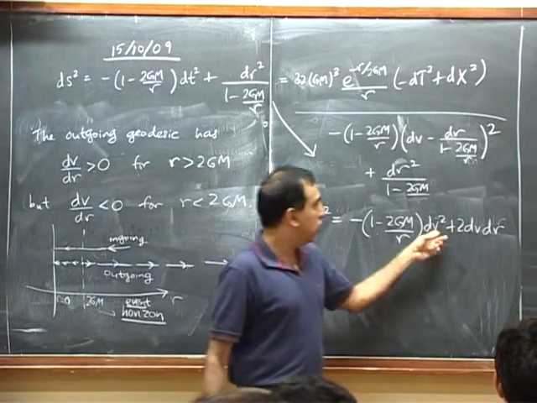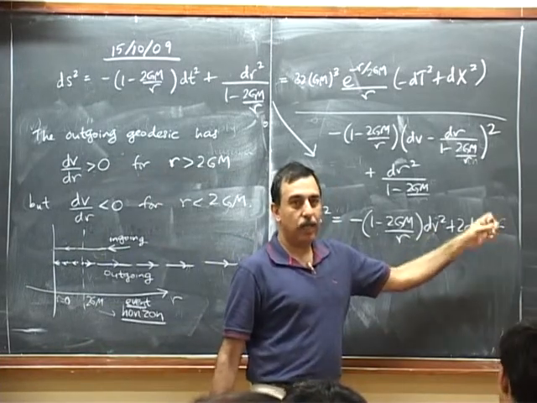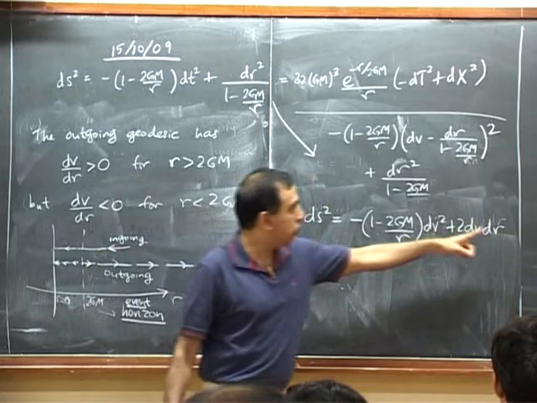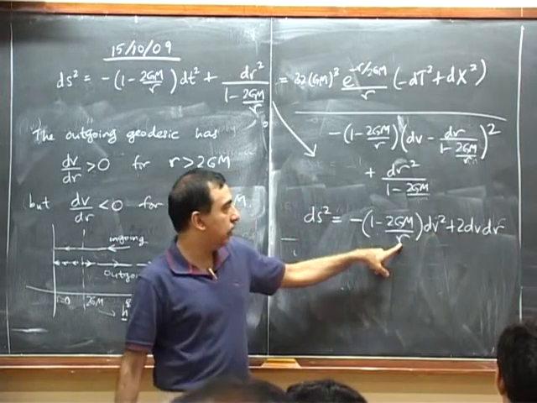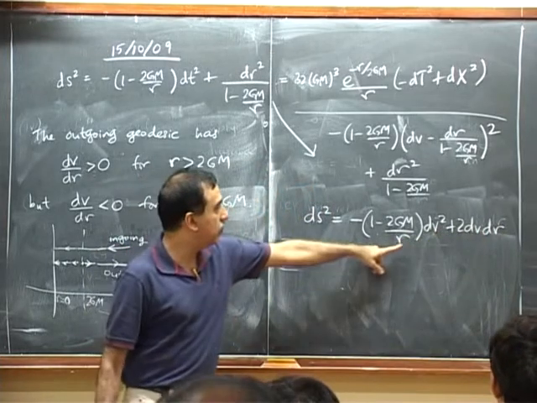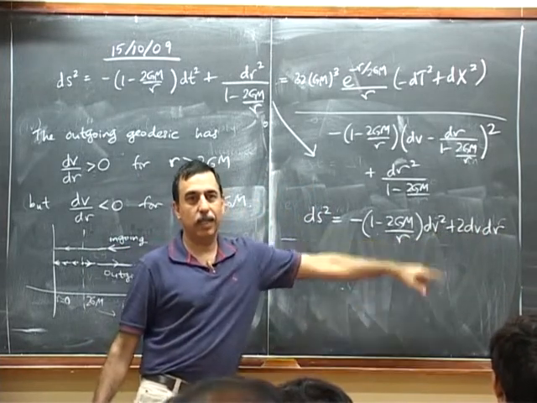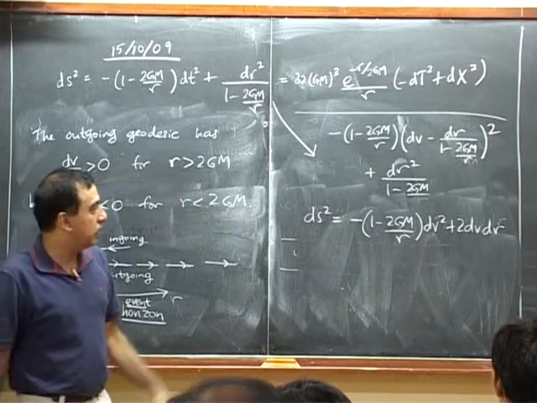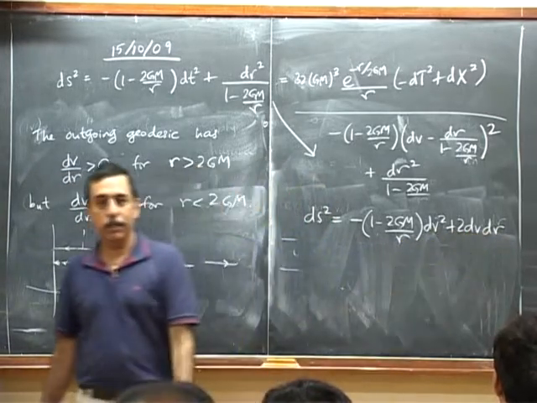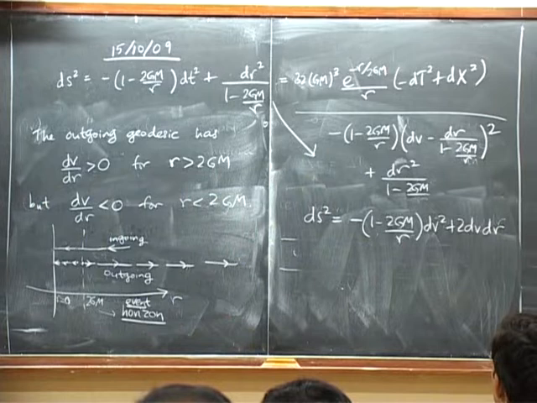Define it so that you get rid of the cross term and you will generate a dr squared term. And what you will find is that the dr squared term is positive for r greater than 2GM and negative for r less than 2GM. So even in this metric, there's a sense in which if you want to ask what's the natural time in which this thing is diagonal, then you will find that R is time-like inside.